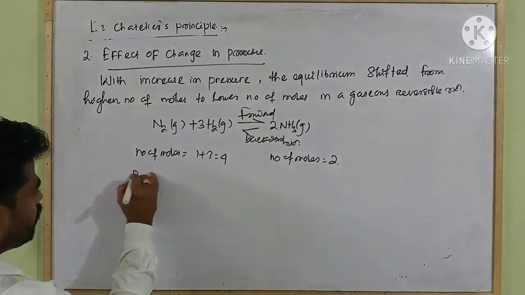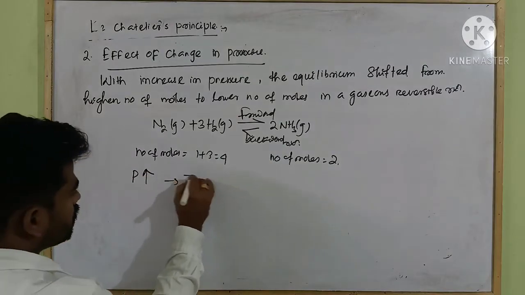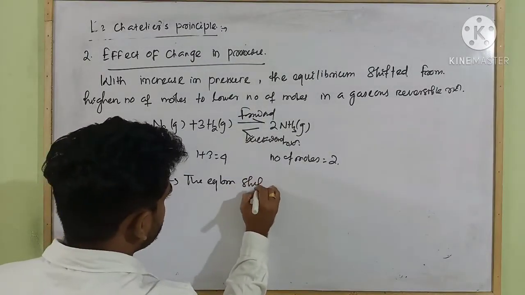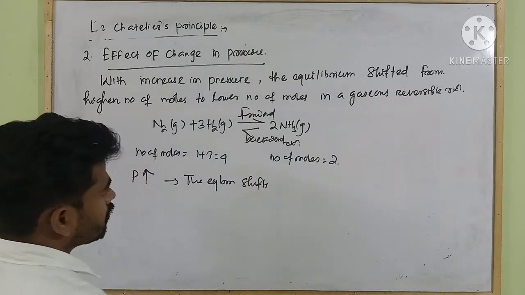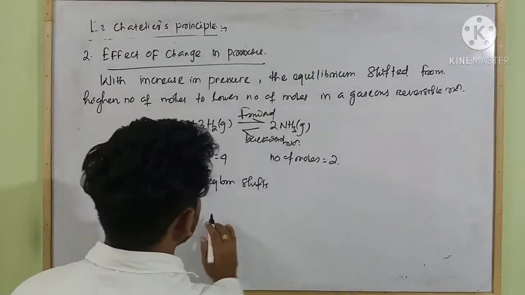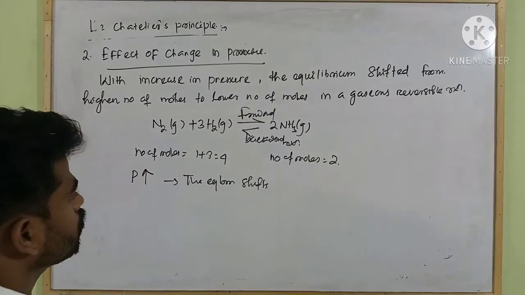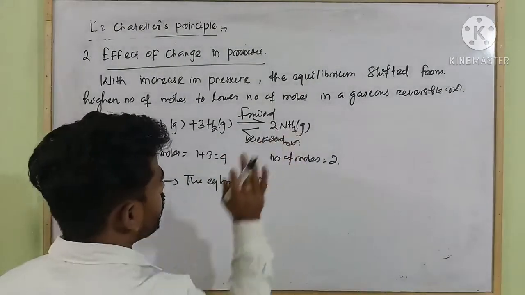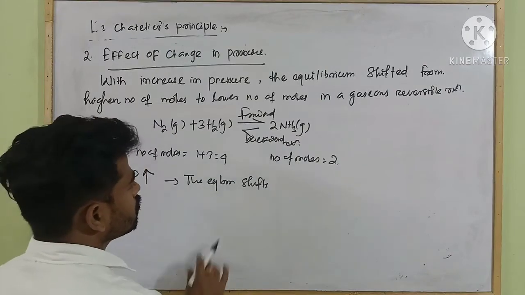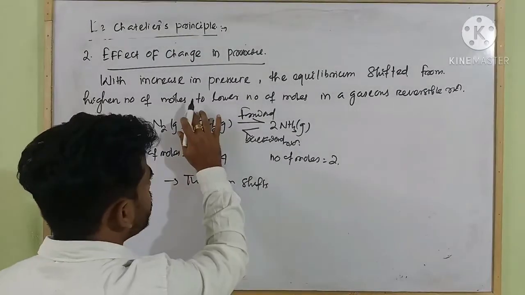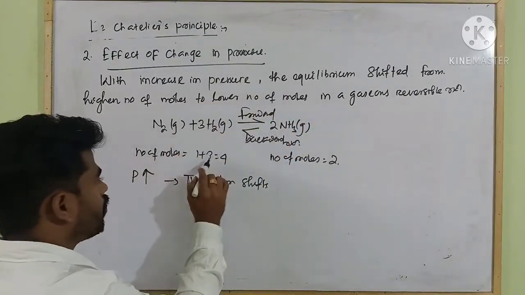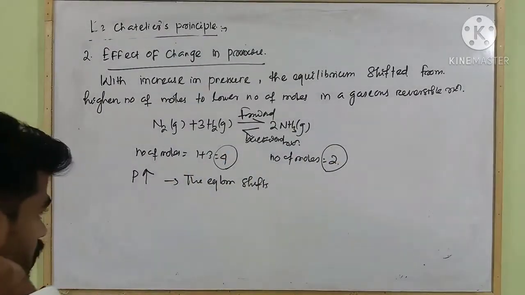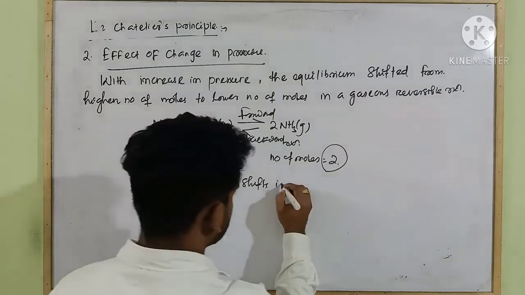If I increase the pressure, then the equilibrium shifts from higher number of moles to lower number of moles, that is towards the product side. More amount of ammonia will be obtained. Because on the reactant side the number of moles is 4 and on the product side the number of moles is 2, the equilibrium shifts in the forward direction.